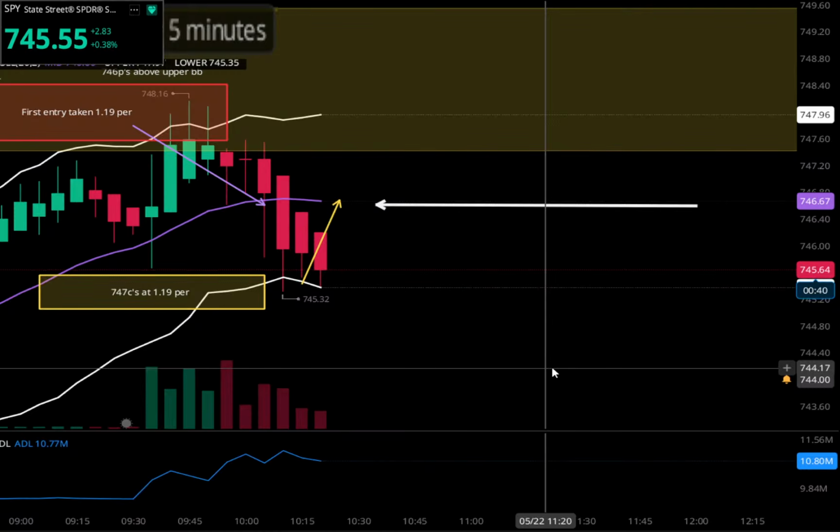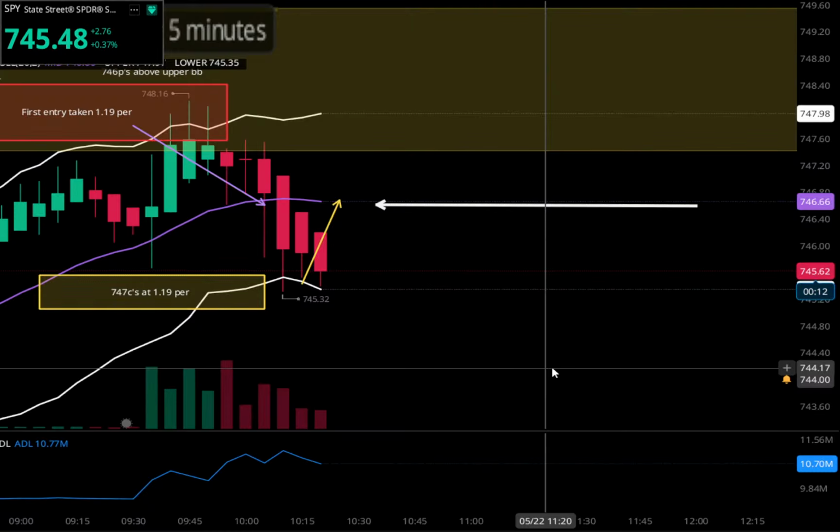Do apologize if this is a little boring just watching the SPY here, but we're focusing just entirely on my day trading rules here, at least for this session. So we should get this pushed down to 745.32.